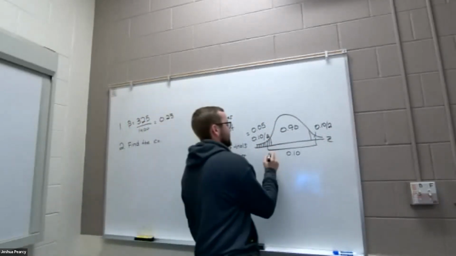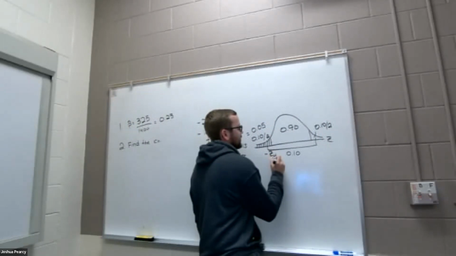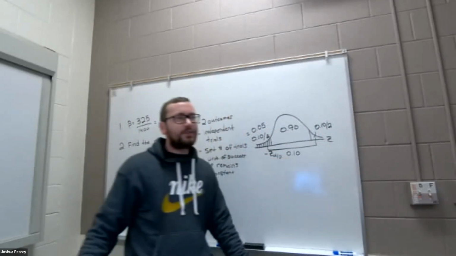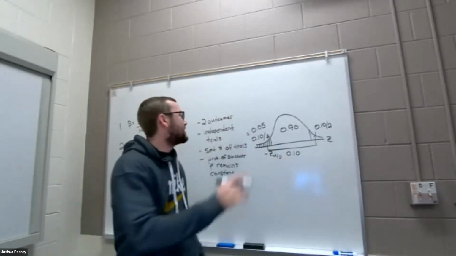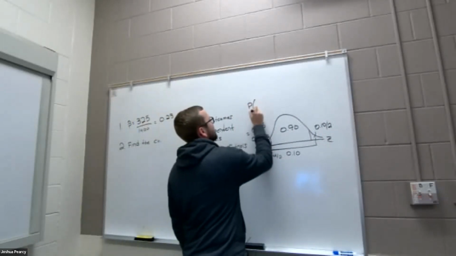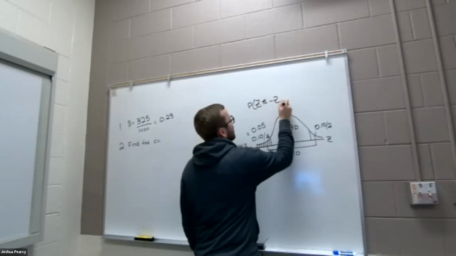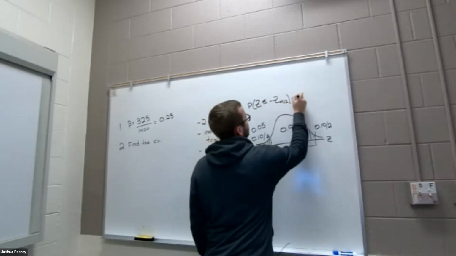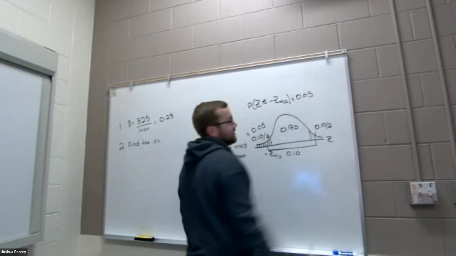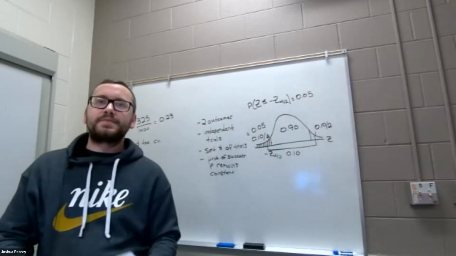Then what you do is find the corresponding z alpha over 2 value for that area to the left. If you do that, set up the probability of Z being less than or equal to negative z alpha over 2 is 0.05. And someone tell me what that is.